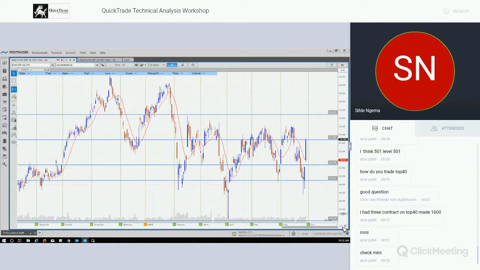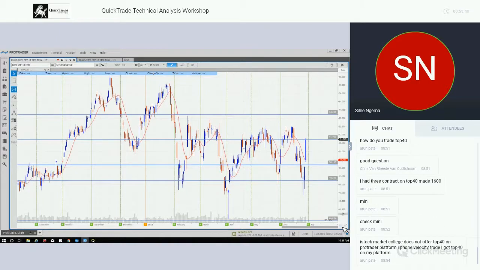If you want to trade the OMI, you must make sure that you get it at the right levels. Like the guys that got it around 49,000, beginning of last week or the week before. We said there was a good chance that we're going to come down and touch 49,000 on the OMI.